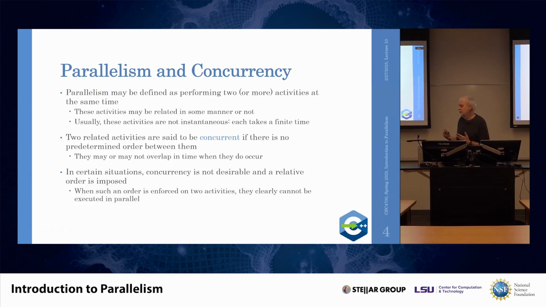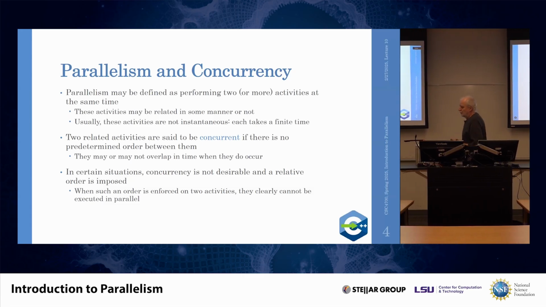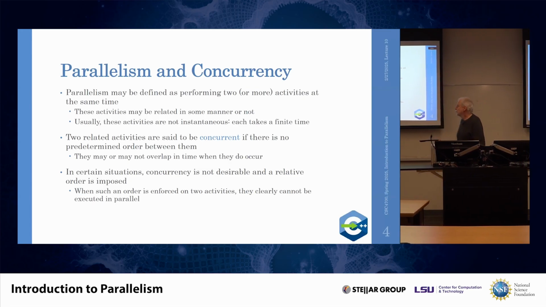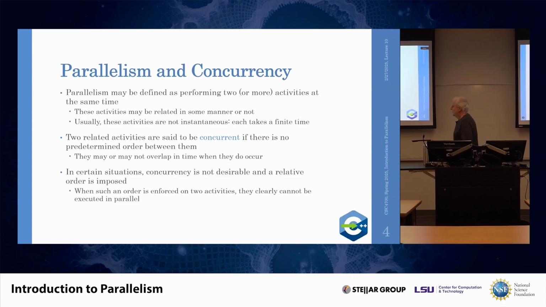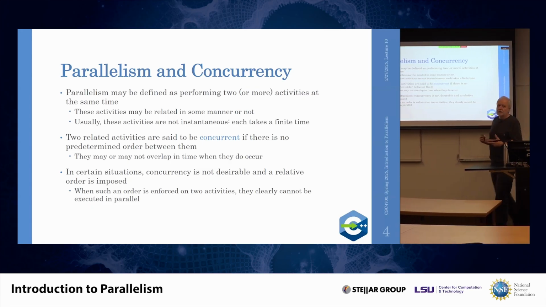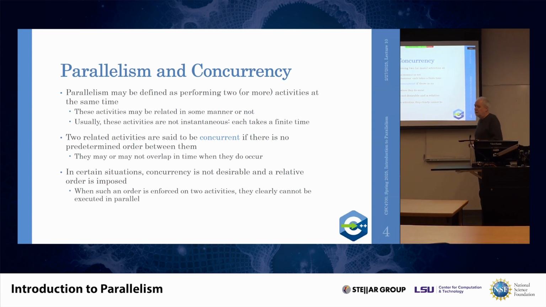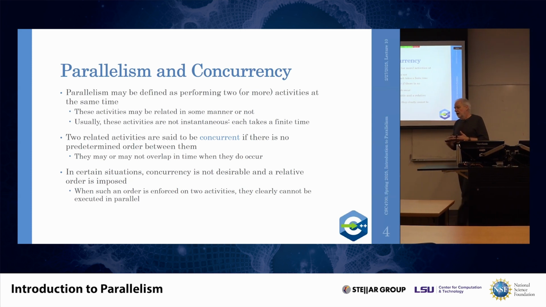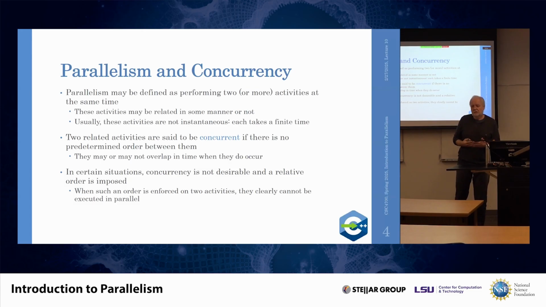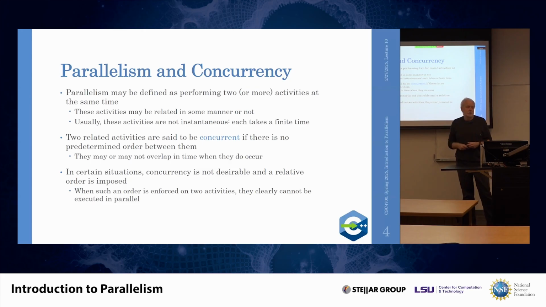If you don't have any defined order between two operations, then you can talk about them as concurrent, because they can possibly run at the same time, really in the same moment in time. They may overlap, they may not. In other situations, concurrency is not desirable because a relative order between operations has to be observed. If you want to compute a result that depends on previous computations, then you can't start running that computation before all the preconditions have been met.